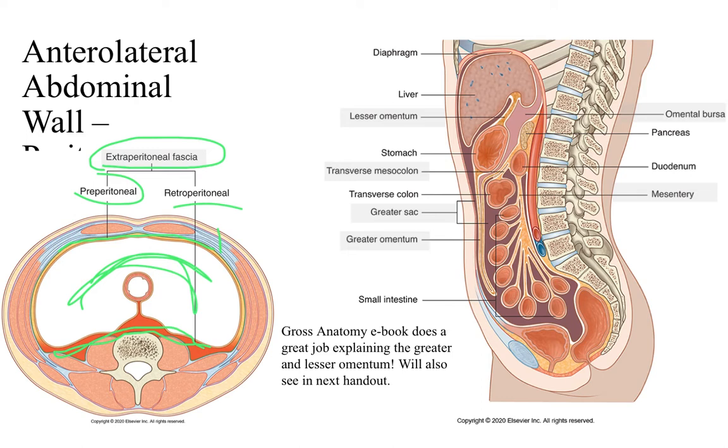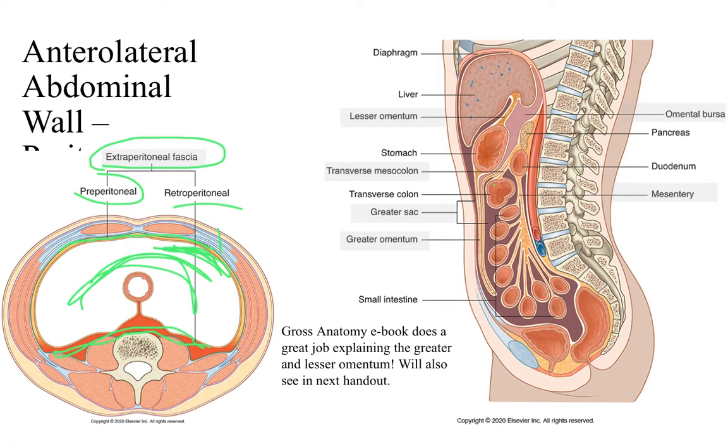One that is attached to the wall, your parietal peritoneum, and one that's directly attached to the organs, and that would be your visceral peritoneum.